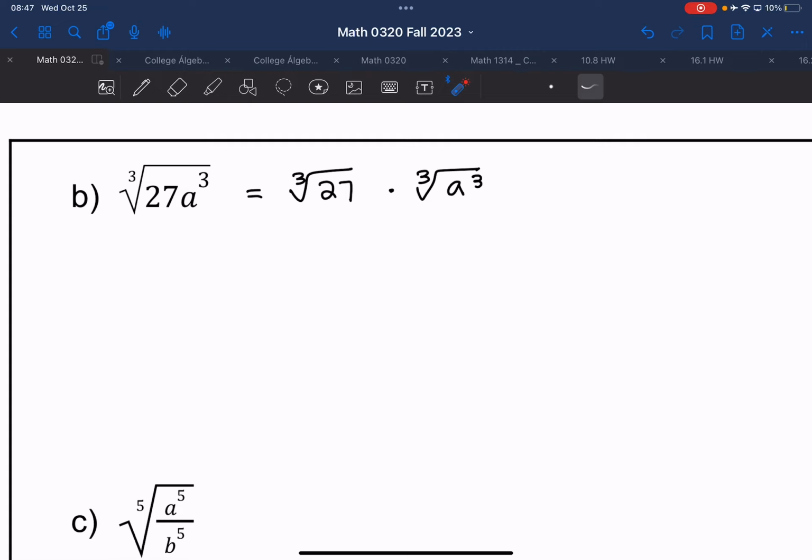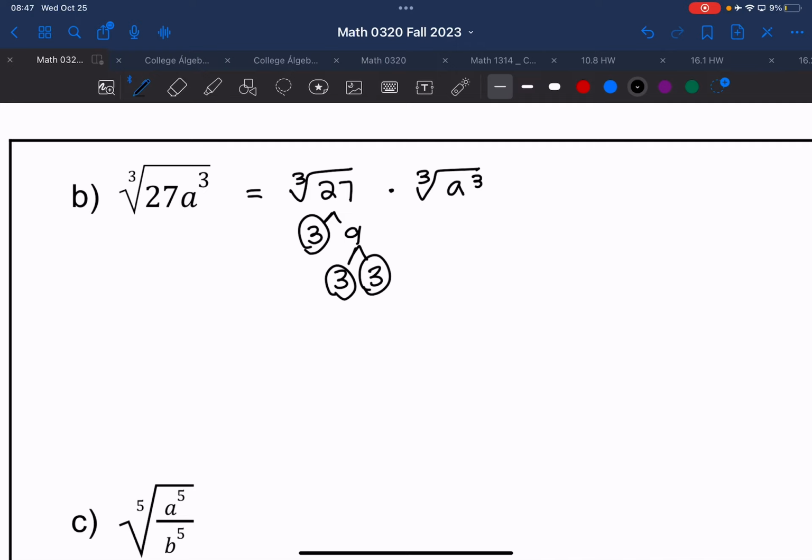So we can first do the prime factor tree for 27 to solve. We're looking at our prime numbers and we always start with the prime number 2. Can 2 go into 27? No, so we check our next prime number 3. Can 3 go into 27? Yes, 9 times, and then 3 goes into 9 3 times.